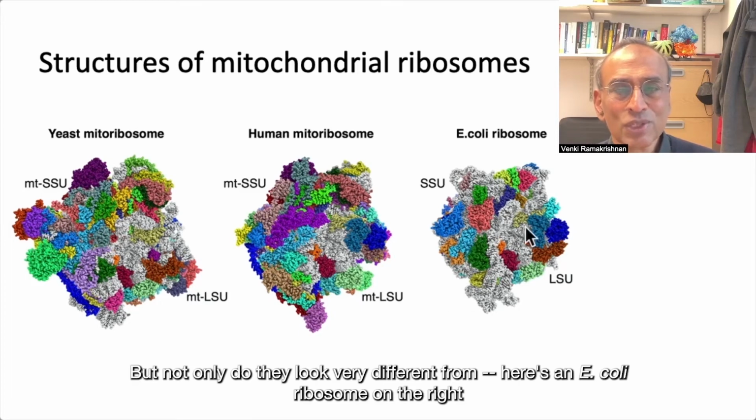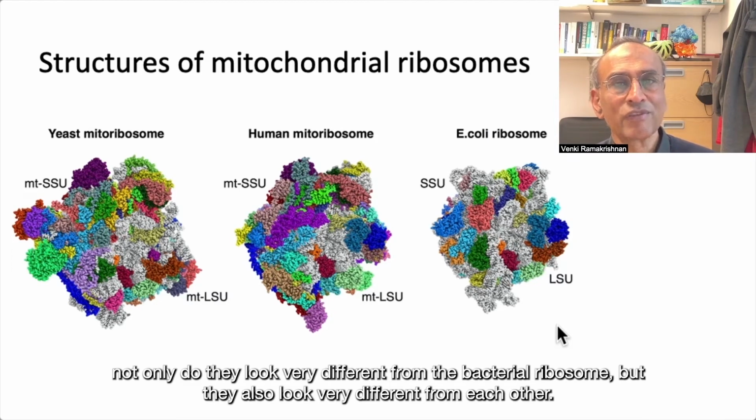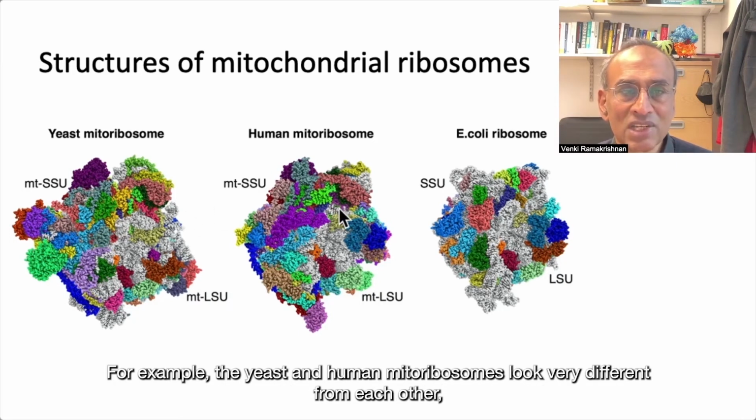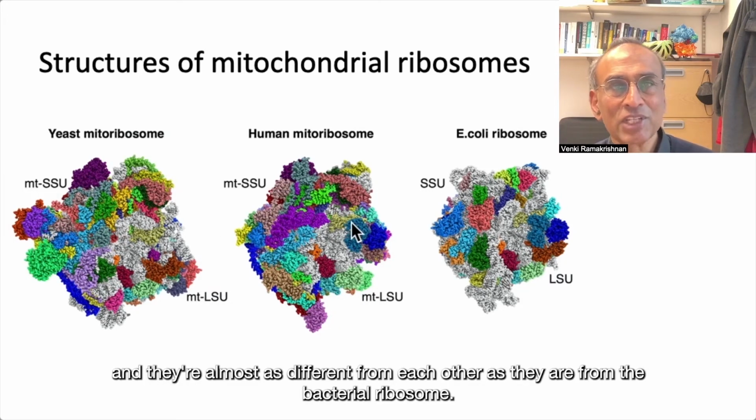But not only do they look very different from, here's an E. coli ribosome on the right, not only do they look very different from the bacterial ribosome, but they also look very different from each other. For example, the yeast and human mitoribosomes look very different from each other, and they're almost as different from each other as they are from the bacterial ribosome.